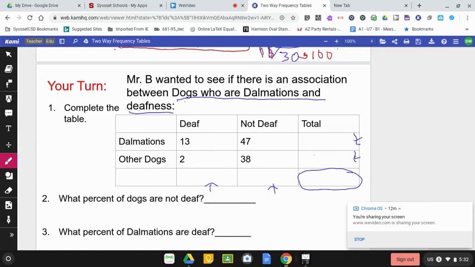And then find the percent of dogs, that would be out of the total, who are not deaf. And then you're going to have to find the percent of Dalmatians. Well, remember, Dalmatians would simply be this row here. Okay? So give that a try on your own.